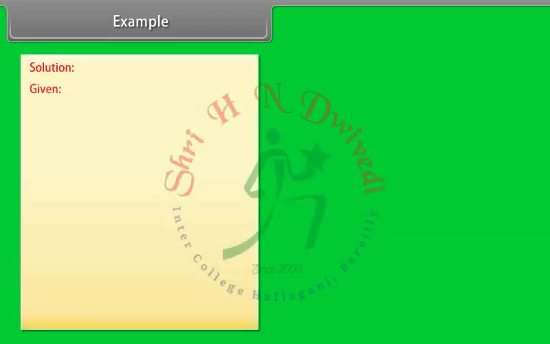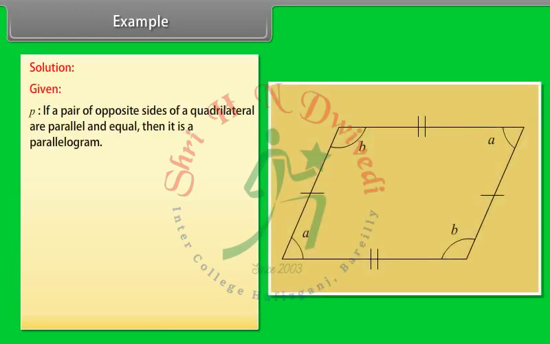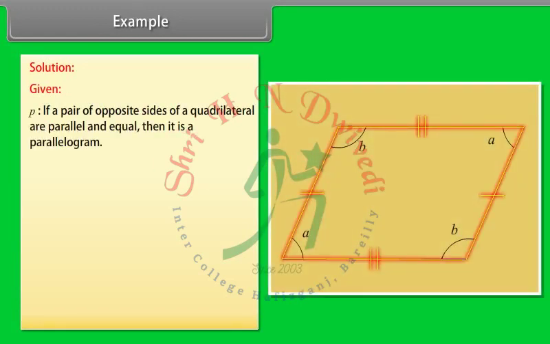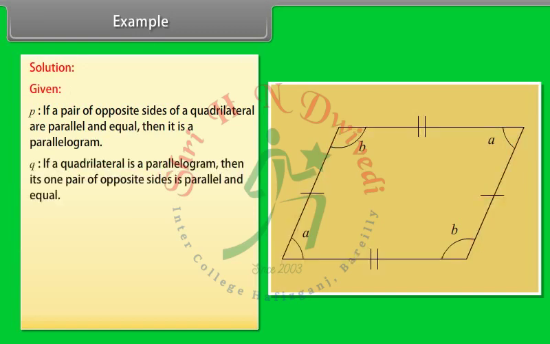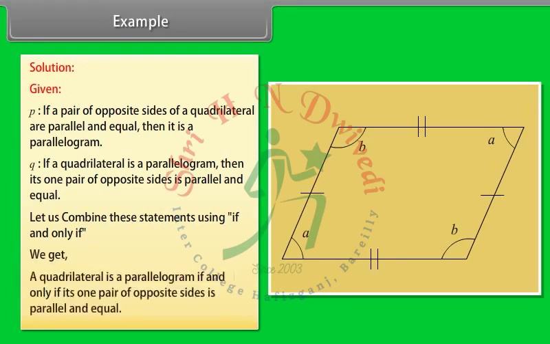Solution. Let us combine these statements using if and only if. We get: a quadrilateral is a parallelogram if and only if its one pair of opposite sides is parallel and equal.